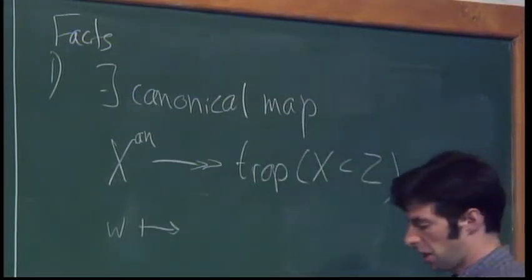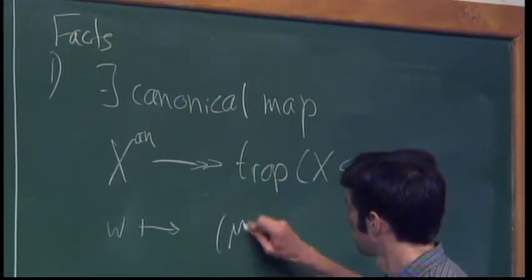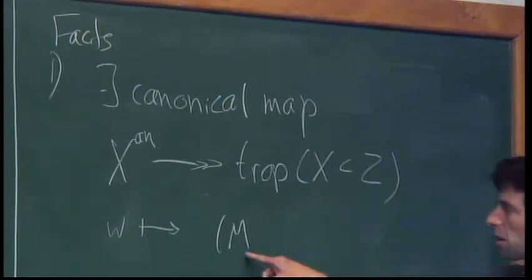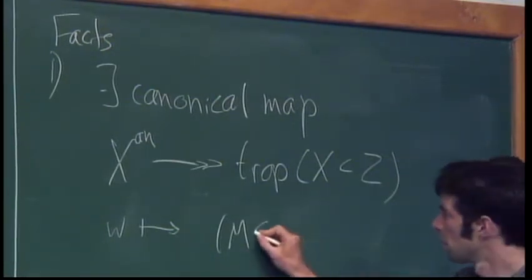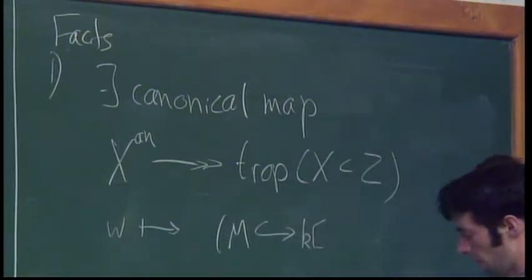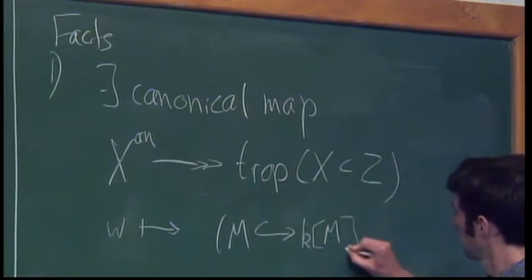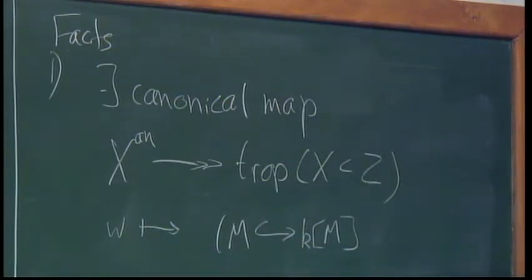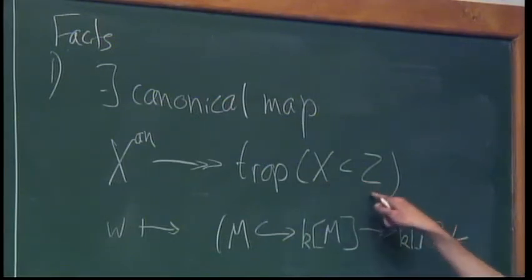So we can send W to the composition where I take my monoid M and I include it into K adjoin M, which surjects onto K adjoin M modulo the ideal. This is the map of algebras defining this closed embedding here.